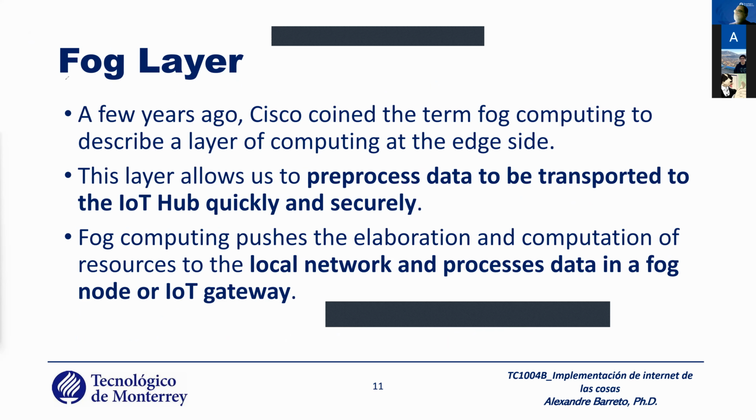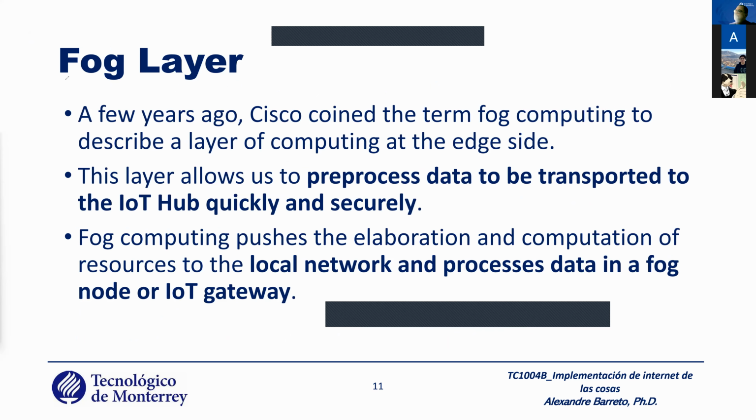You have the edge here and you have the cloud here. You create a new one, the fog layer. The idea of the fog layer is to provide an additional service, for example, analytics and others, in the company before the data crosses and goes to the cloud.